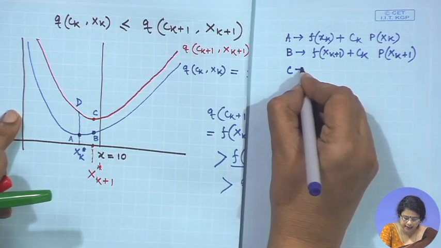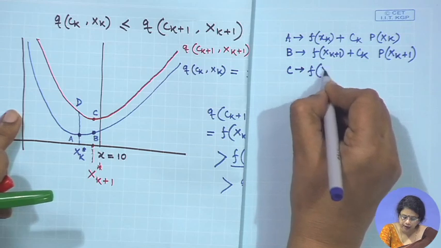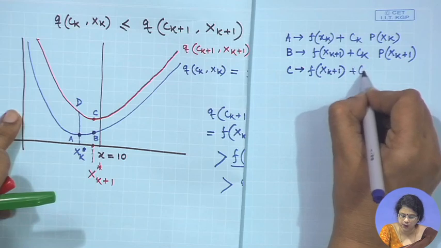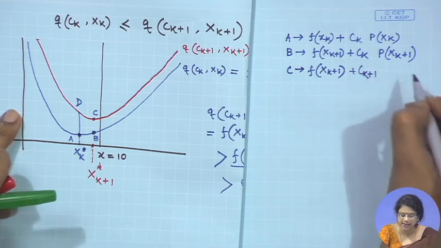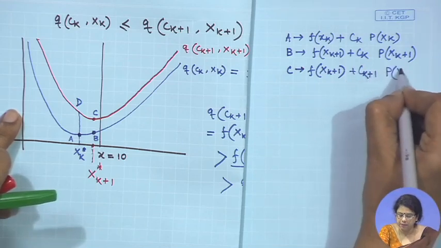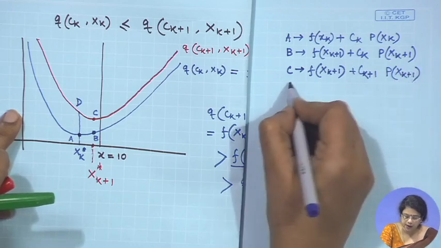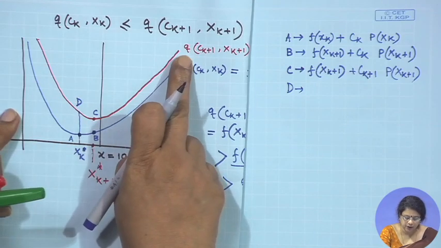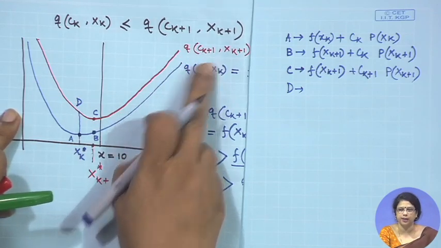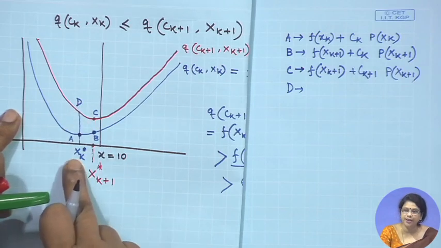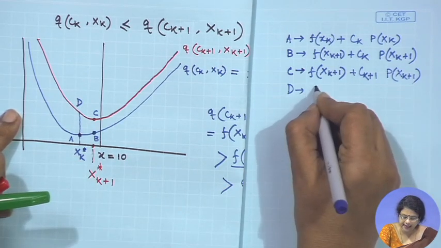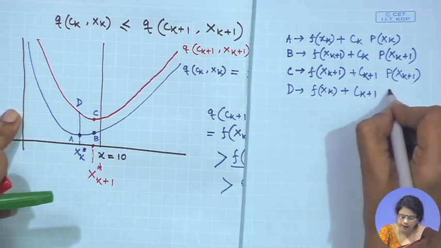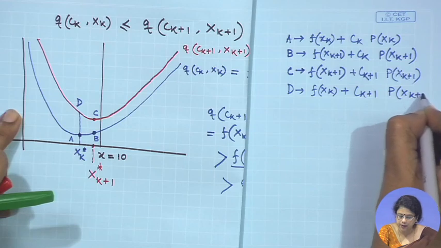Similarly, the value at C would be f(x_{k+1}), the optimal solution in the next iteration, that is why we get C_{k+1}, that is why p(x_{k+1}). And what about D? D is on the curve of q with C_{k+1}, at point x_k. That is why I can say f(x_k) plus C_{k+1} p(x_k).